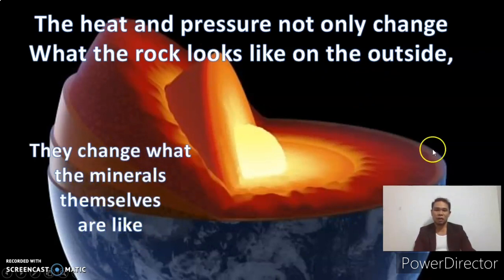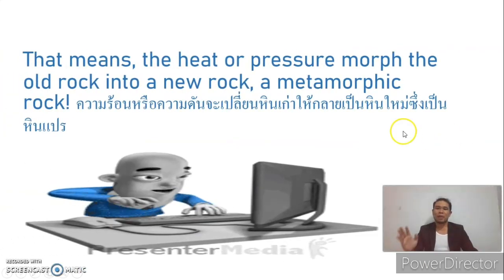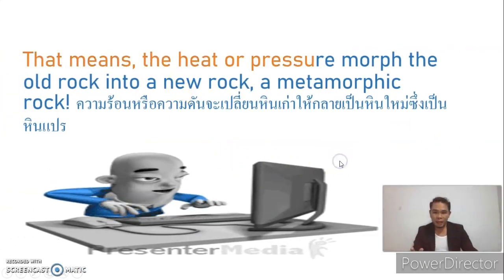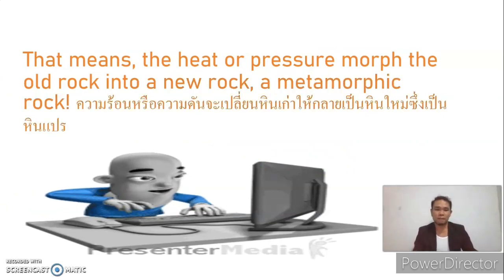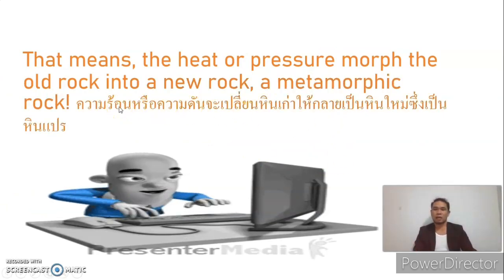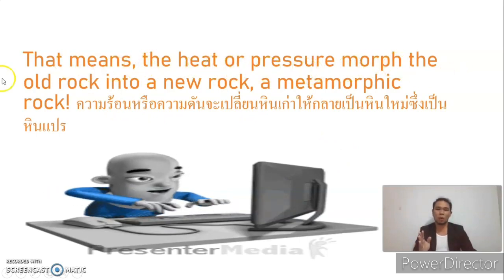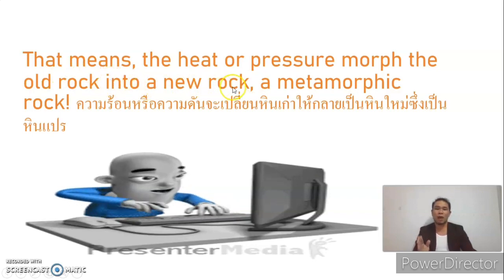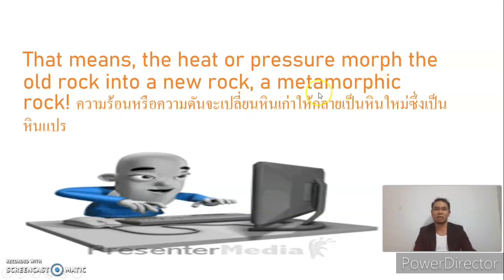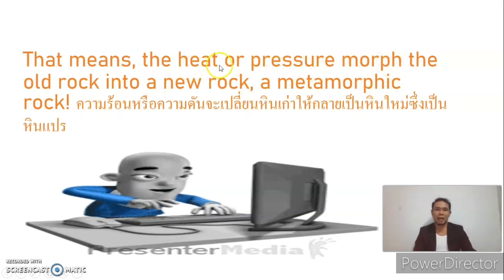That means the heat or pressure morph the old rock into a new rock, metamorphic rock. Morph. Heat or pressure morph the old rock into a new rock. So that is a metamorphic rock.